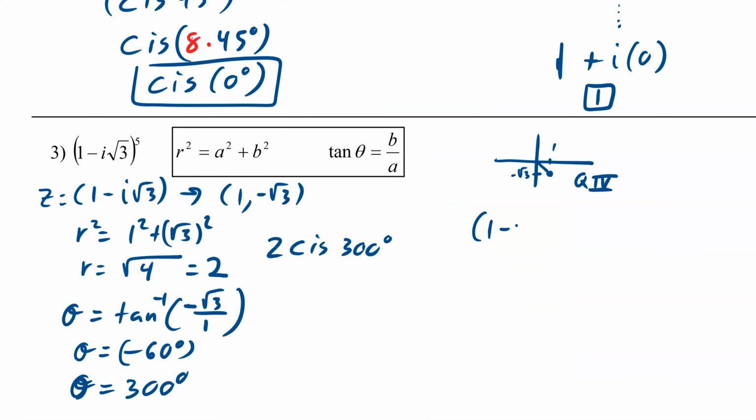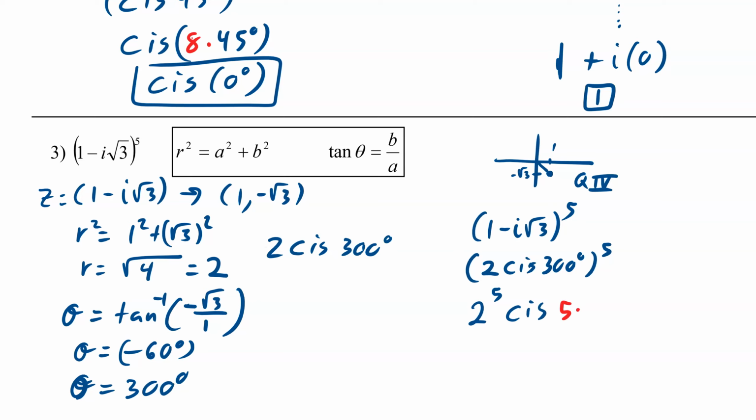So we take our 1 minus i rad 3 to the 5th, and we replace it with its polar form to the 5th. And so this becomes 2 to the 5th, cis 5 times 300. And so 5 times 300 is 1500, and 2 to the 5th is 32.